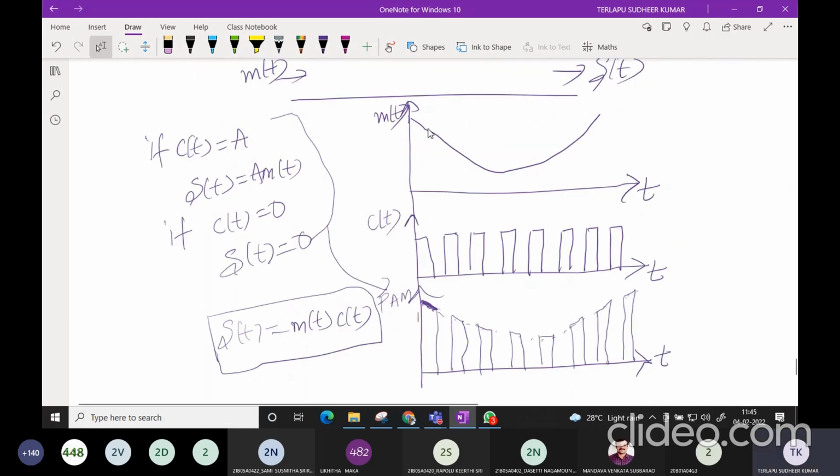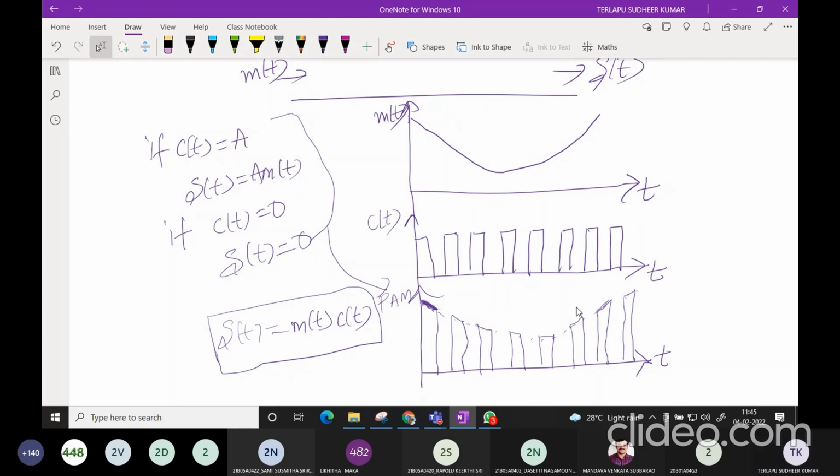If M of t is decreasing, the modulated signal is also decreasing during the pulse interval. If it is increasing, the modulated signal is also increasing. Within the pulse interval, the amplitude is not constant.